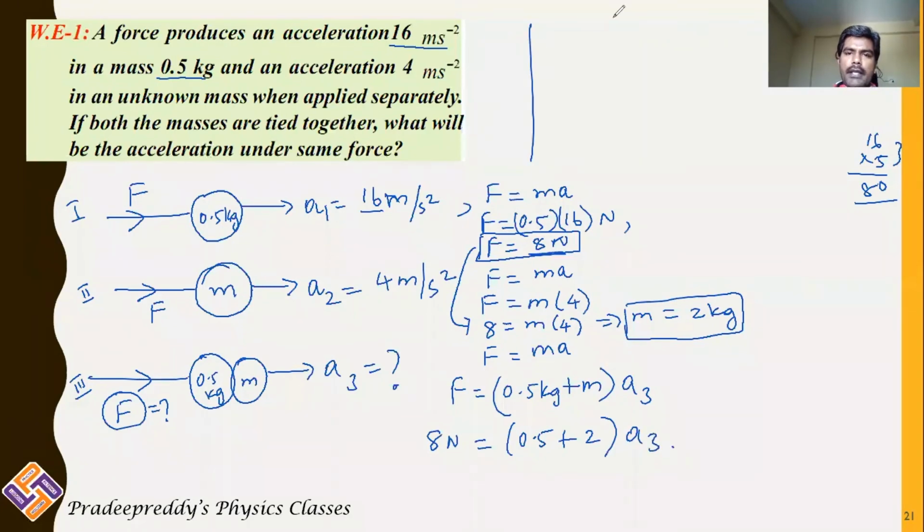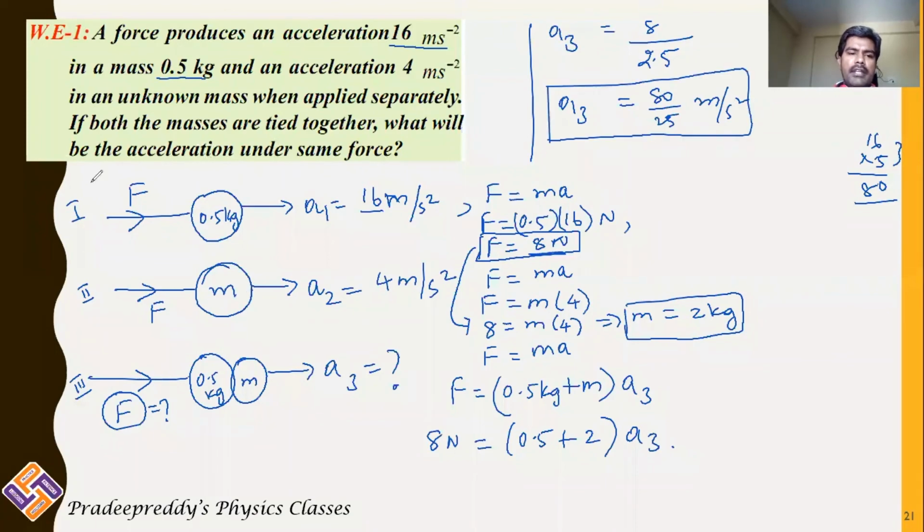This gives you A3 is equal to 8 divided by 2.5, that is 80 divided by 25 meter per second square. This is the acceleration produced in the third case when both the masses are tied together and you are applying the same force.